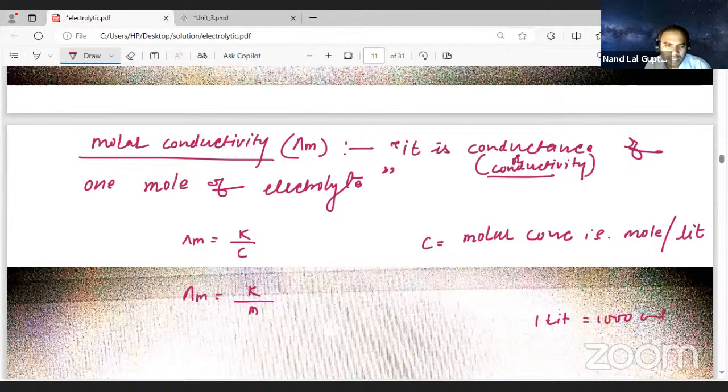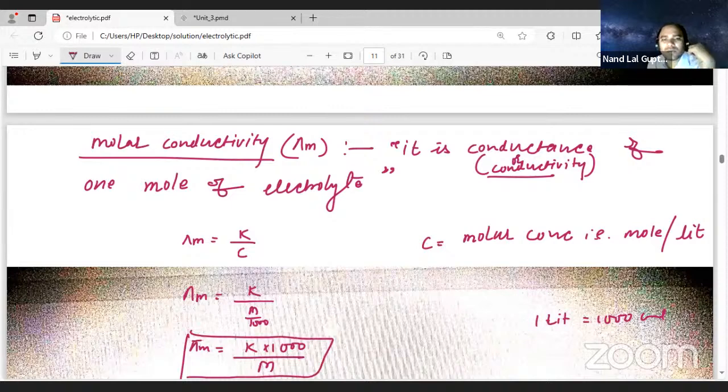So K by M, and then with 1 liter equal to 1000 ml, lambda M is equal to K into 1000 upon molarity.